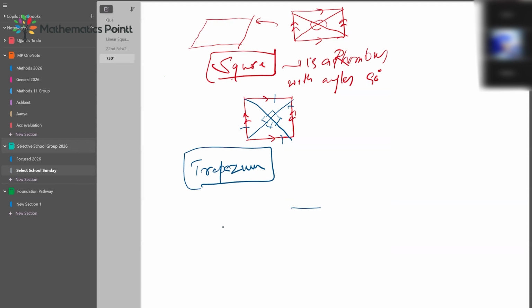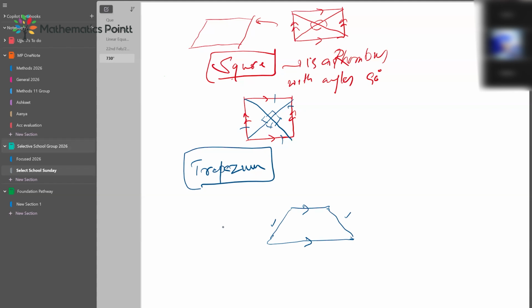It is a quadrilateral with two sides parallel and two non-parallel. So these sides are non-parallel, whereas these sides are parallel. That's called trapezium. Very, very important.